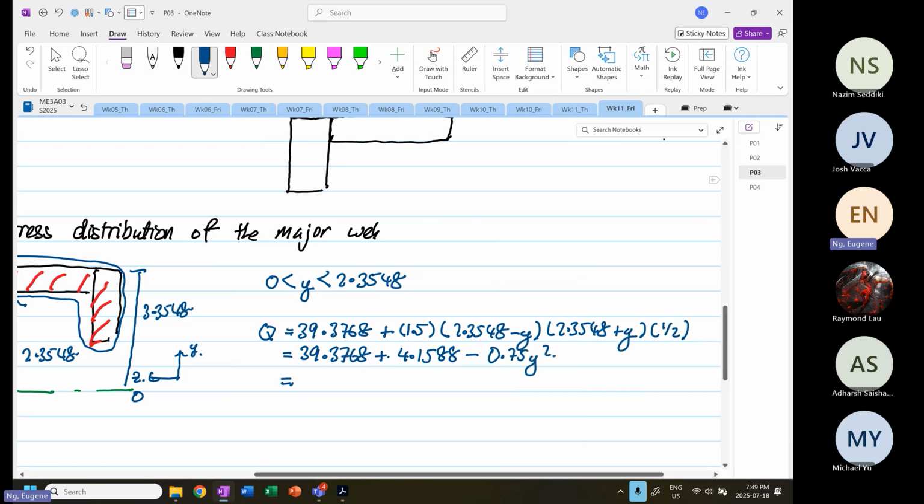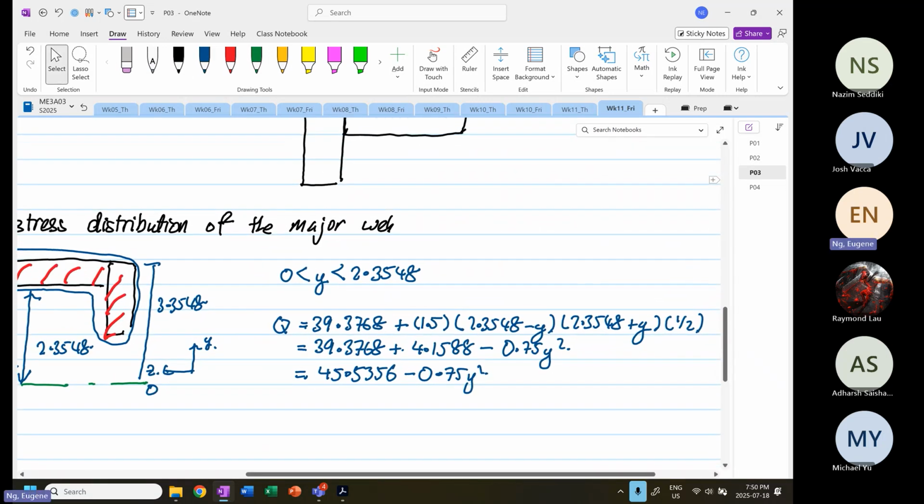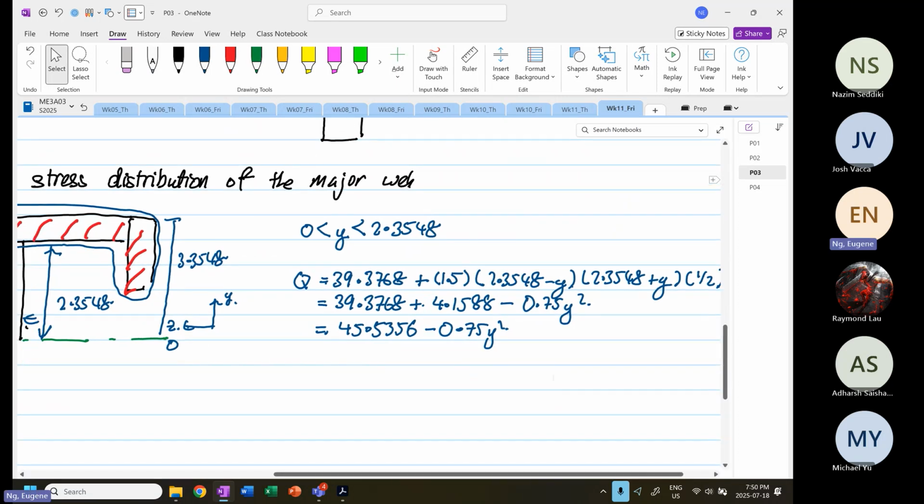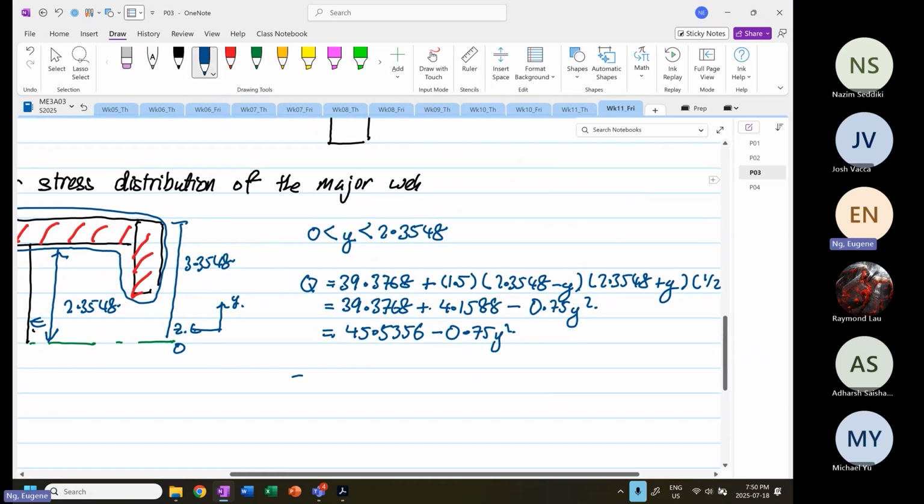Okay, so this will be equal to 39.3768 plus 4.1588, which is equal to 45.5356 minus 0.75 y squared. Okay. Let me check again. 39.3768 plus 4.1588, 45.5356. Okay. So from here, your shear stress is equal to the V.